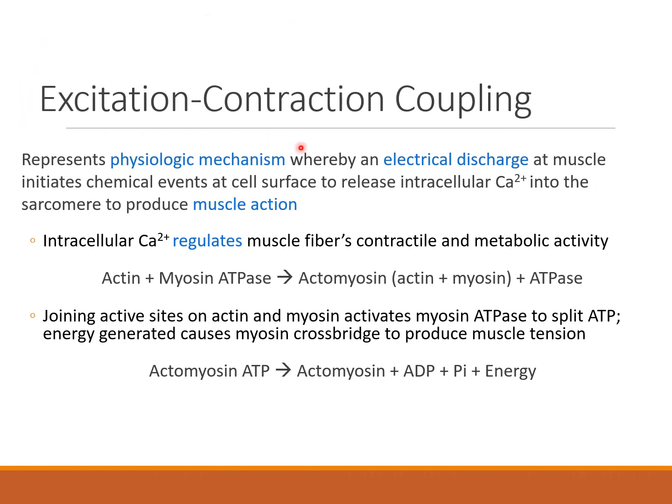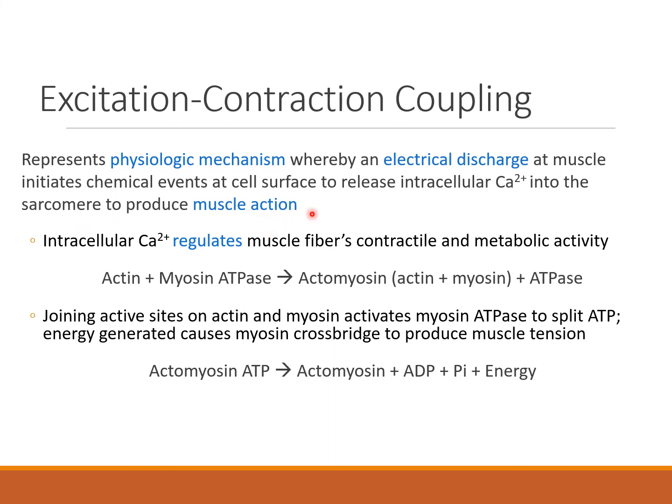Next is excitation contraction coupling. This represents the physiologic mechanism whereby an electrical discharge at the muscle initiates chemical events at the cell surface to release calcium into the sarcomere to produce muscle action. We talked about this earlier.